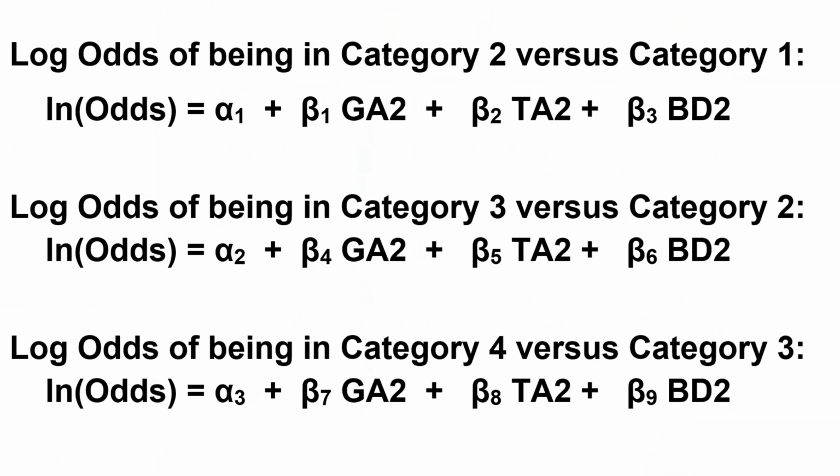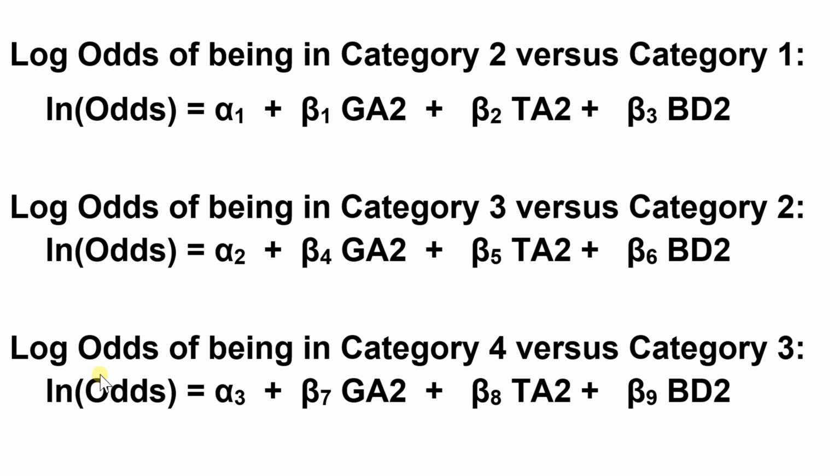The adjacent category model uses the following 3 binary equations. First, I predict the log odds of being in category 2 versus being in category 1 of the symptom improvement scale. This is the equation I would use as I predict that from goal alignment, task alignment, and bonding. Second, I predict the log odds of being in category 3 versus being in category 2.